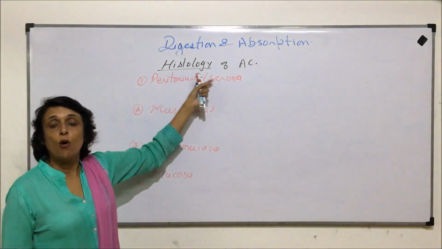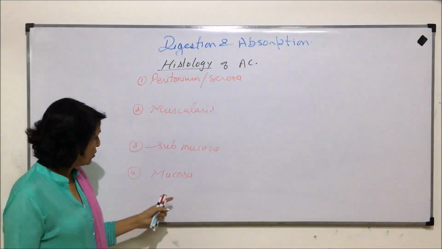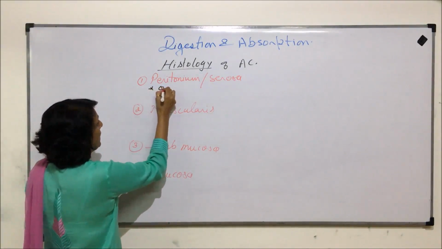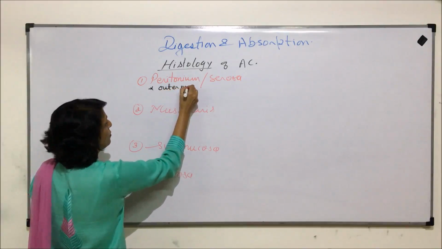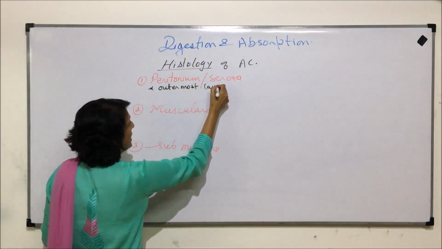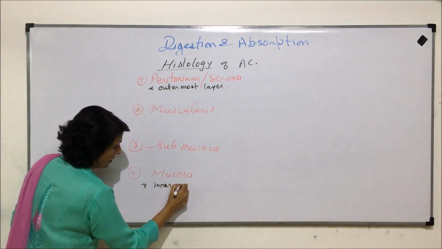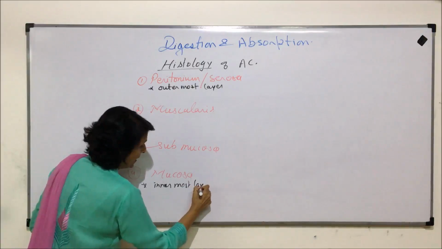The peritoneum or the serosa layer is the outermost and the mucosa is the innermost.